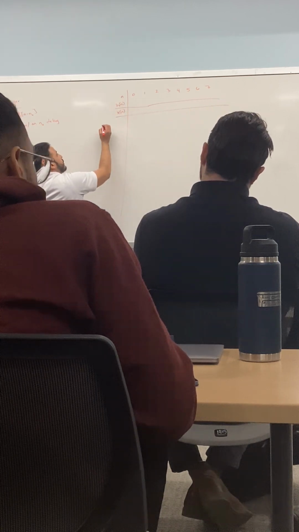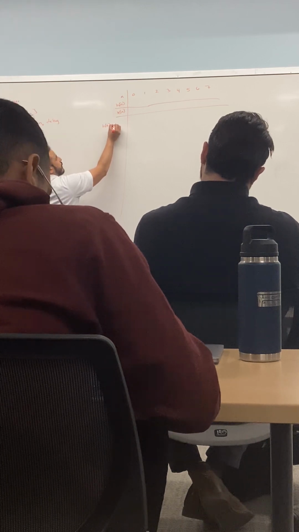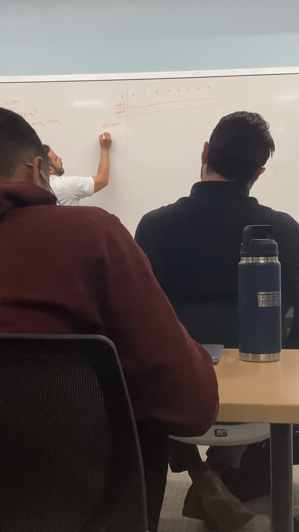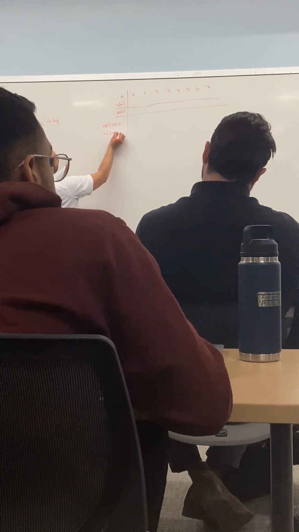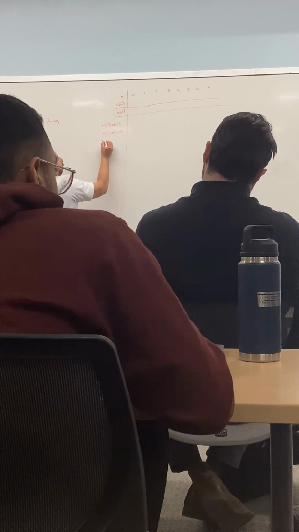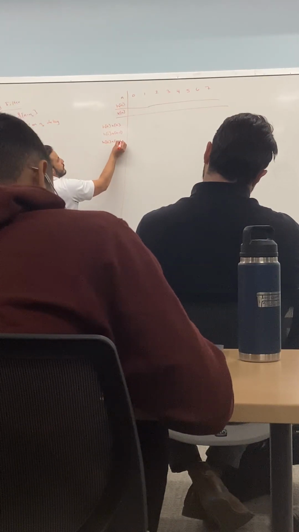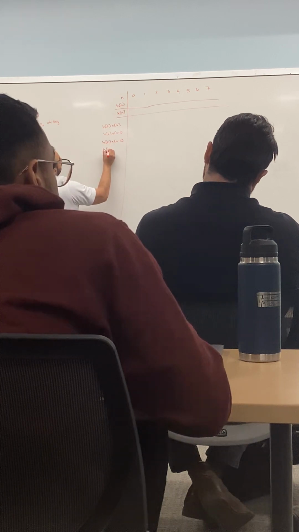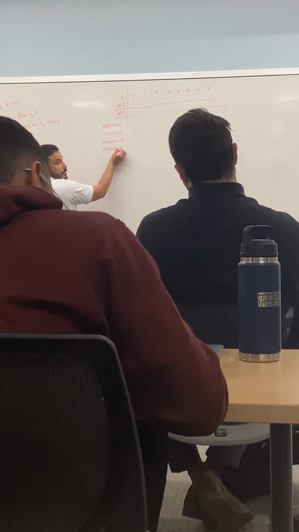All right, and then what I would do is I would say h of 0, x of n. Then I would say h of 1 times x of n minus 1, h of 2, x of n minus 2, and then h of 3, x of n minus 3, okay?